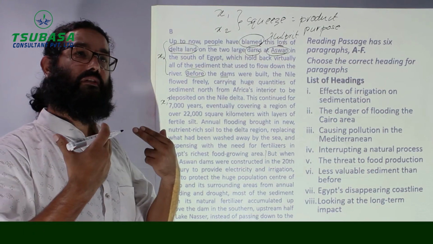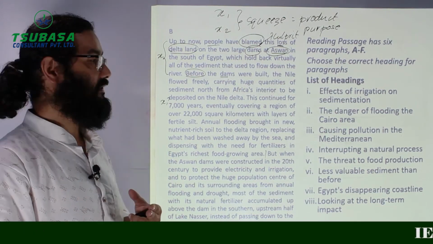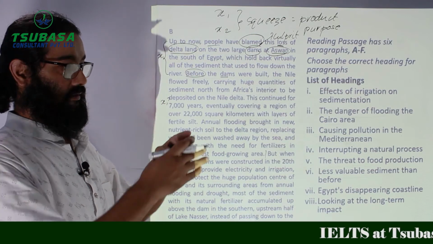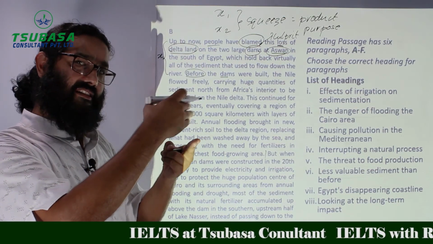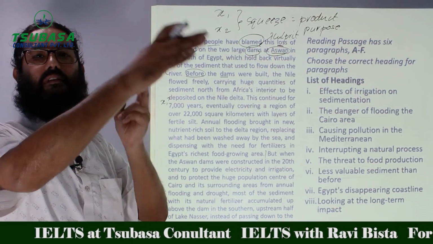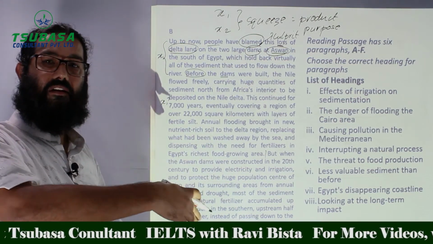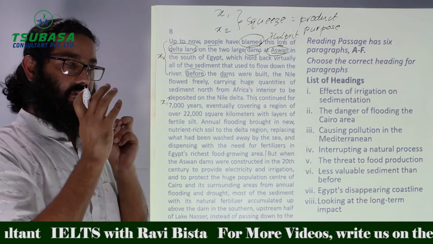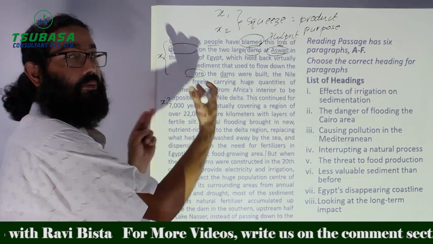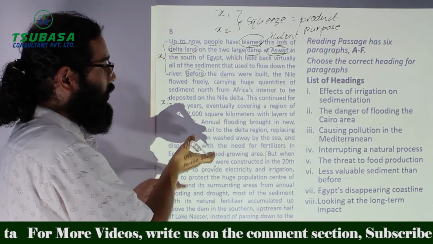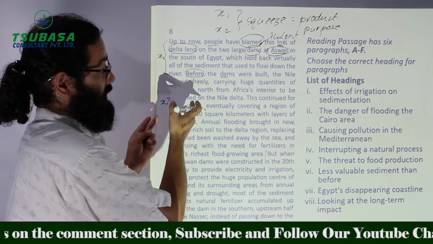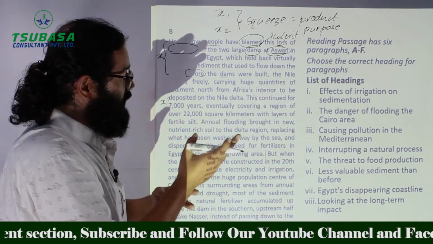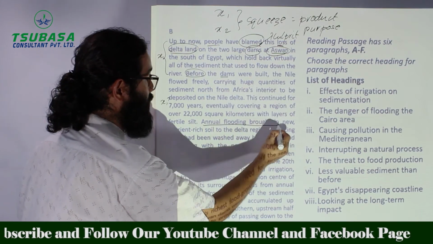Now what was the situation before the dam was constructed? Yes, the flooding took away the sediments, the fertile, nutrient-rich soil, but the point was it would replenish. Even if the flooding took away, it says that annual flooding brought in new nutrients.